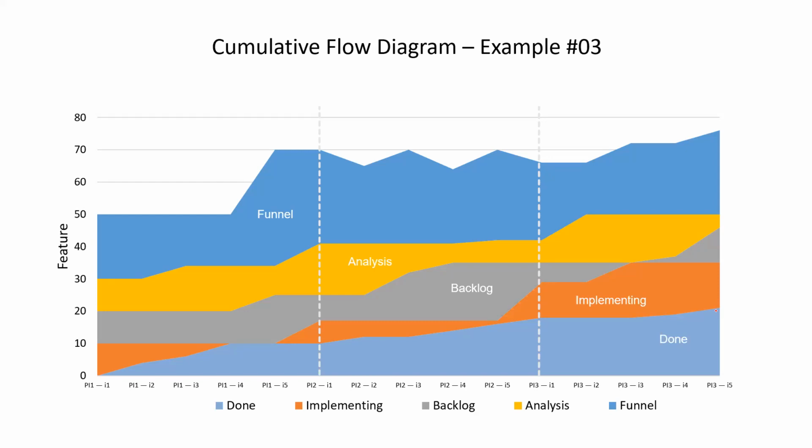So here it looks like in phase one, from I1 to I4, somehow it is making some progress. And after that, the funnel is increased, and the analysis is also doing good, and backlog is increased.